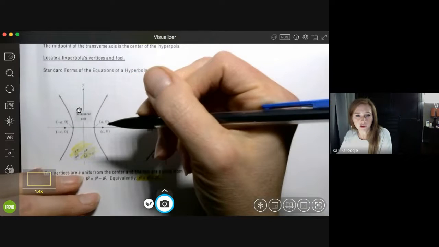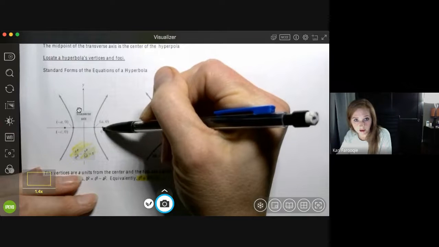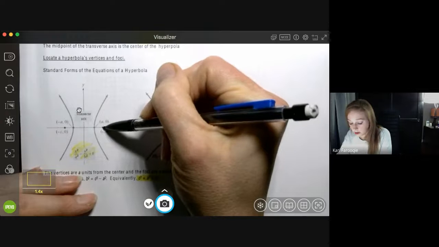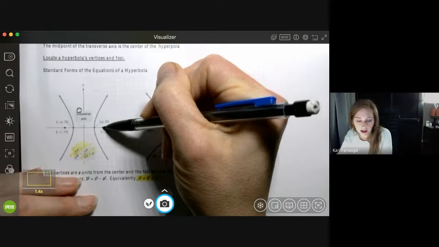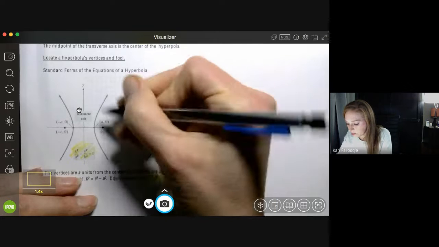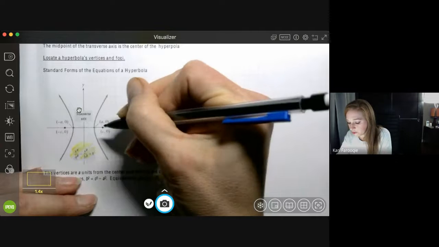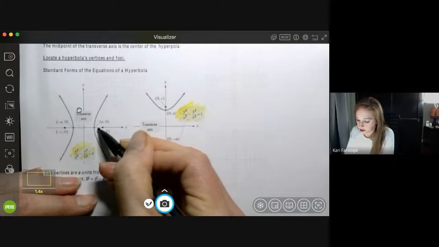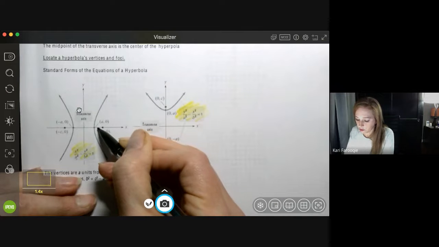So in this case, your number for c actually has to be bigger than the number for a, because you have to be able to go from the center beyond a to get inside the curve. For ellipses, that's why you had that minus sign to find your foci. But we have the plus here because we need to go out this direction so that our foci lie inside the curves. Same idea: the further away the focus is from the curve, the wider your curve is going to be. The closer your focus is to the curve, the more narrow it's going to be.